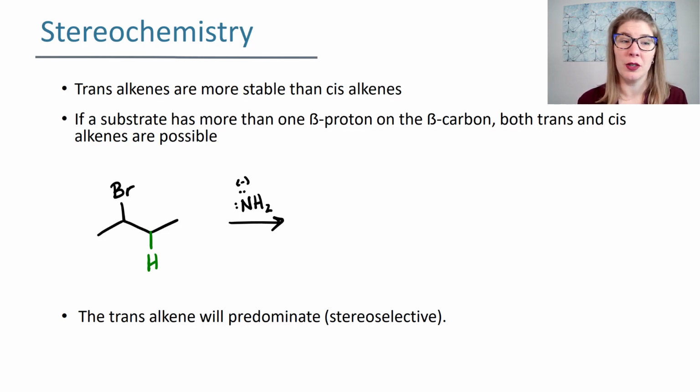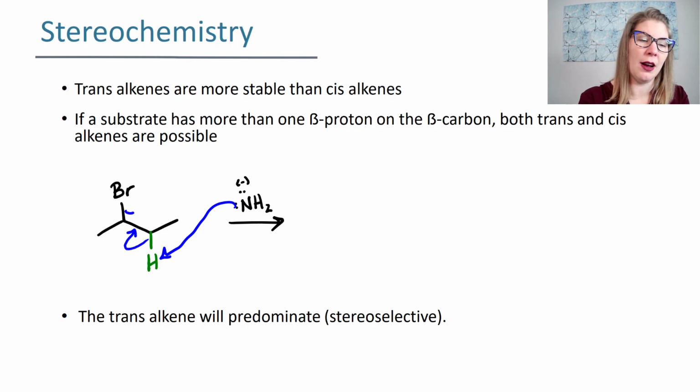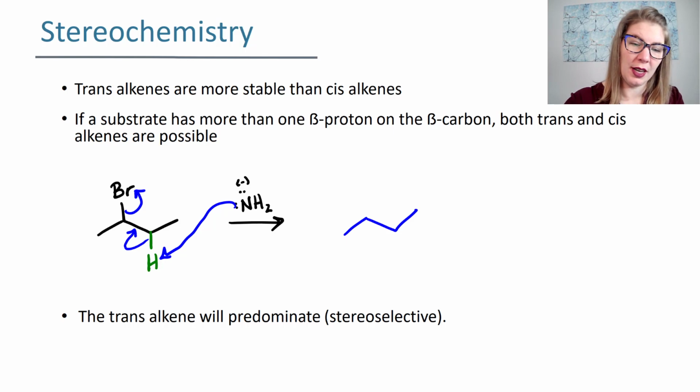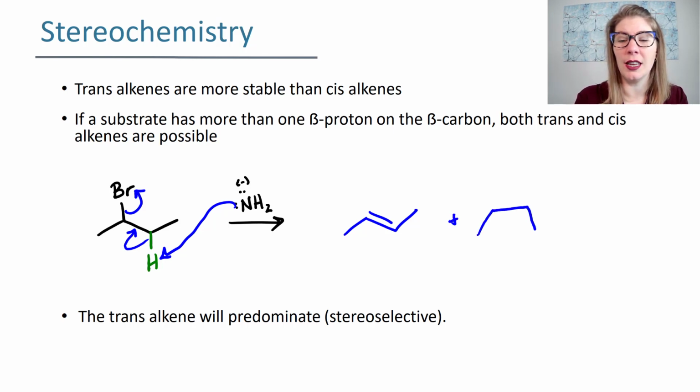There are actually 2 beta protons there, which means that when we draw products, our base is going to pull off this proton, the electrons are going to swing around, and your bromine is going to get expelled. The simple thing to do is just to draw this product. The problem is that you can also form the cis product, so you need to also be drawing this product.